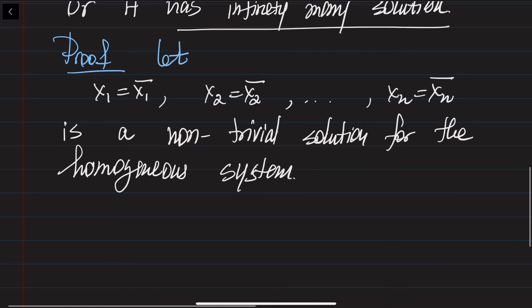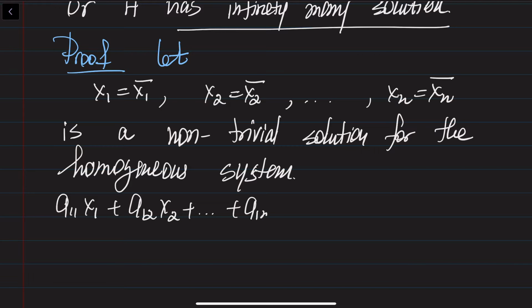So let's assume that our system has just one equation, right? So basically, I've got a system a11x1 plus a12x2 plus and so on plus a1n xn is equal to 0. So this is a homogeneous system of linear equations with one equation and n variables.